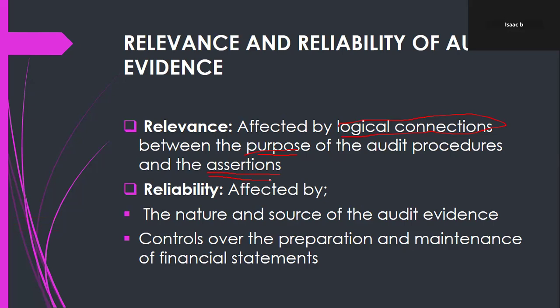When the auditor connects the purpose as well as the assertions that they're supposed to undertake, it's going to inform the relevance of that particular information. So if the purpose and the assertions being used reflect that the information we're obtaining is not as important, then we'll say it's not very relevant.